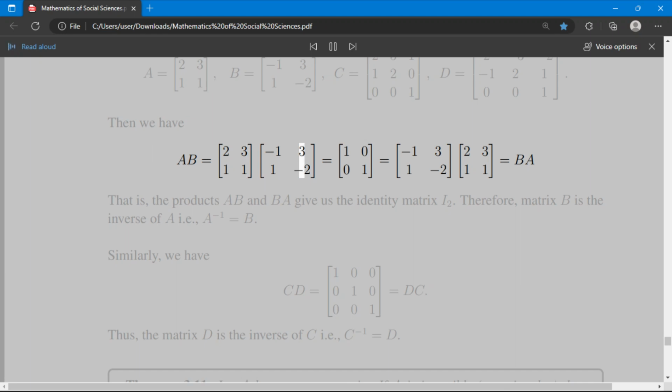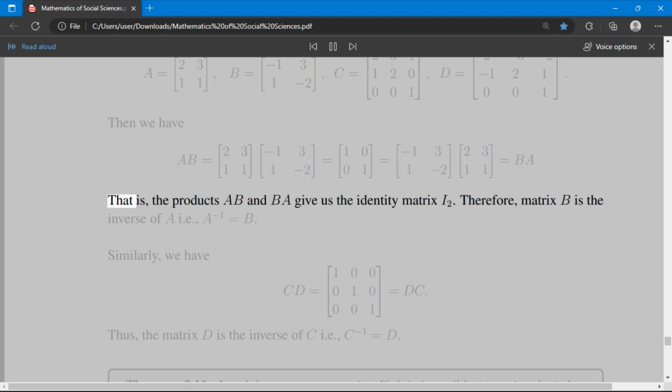Then we have AB equals 2 3 1 1 times 1 3 1 2 equals 1 0 0 1 equals 1 3 1 2 times 2 3 1 1 equals BA. That is, the products AB and BA give us the identity matrix I2.